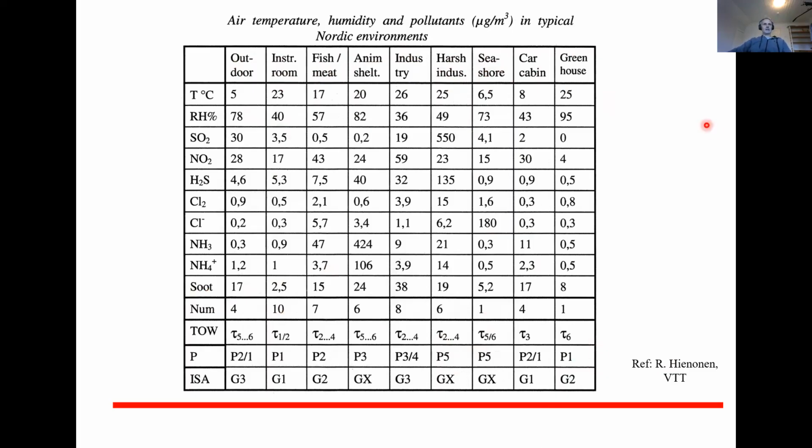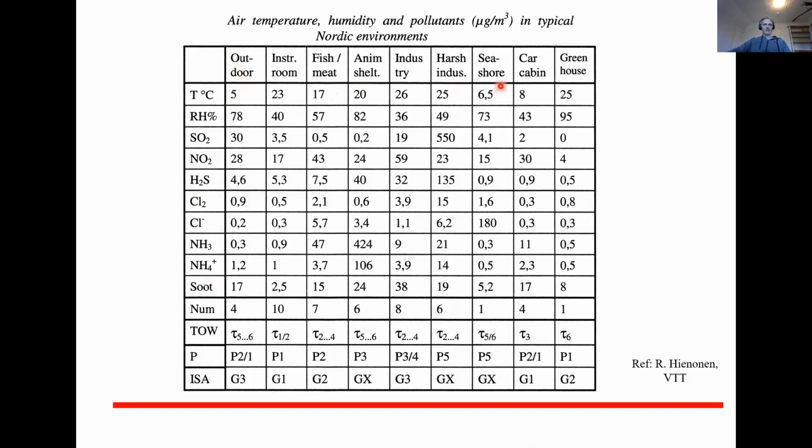And then they measured over the year the average temperature, the average relative humidity, the average amount of sulfur dioxide, again in milligrams per cubic meter, nitrogen dioxide, hydrogen sulfide, chloride ions, ammonia ions, and soot.